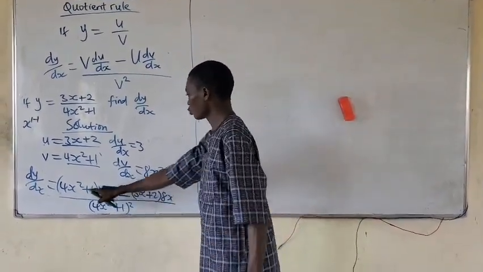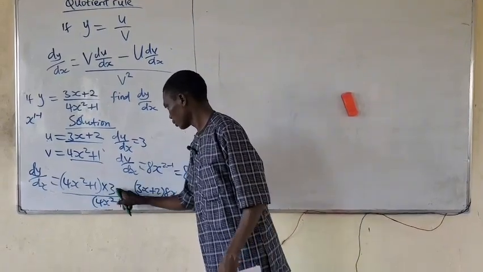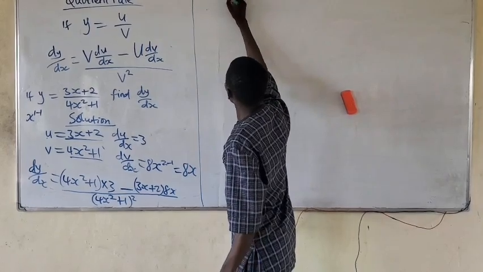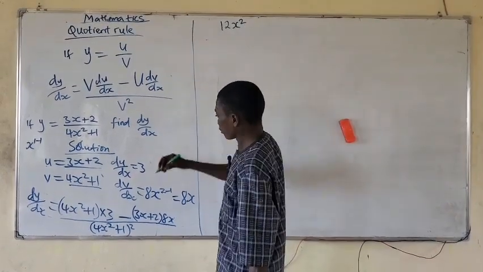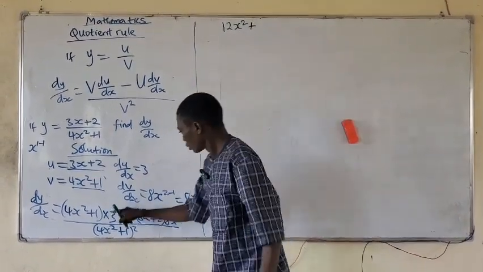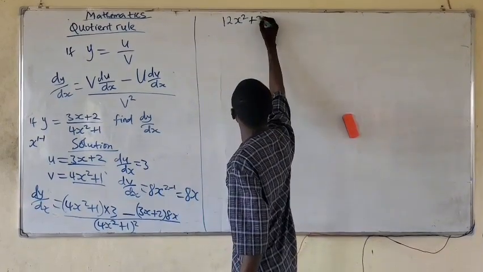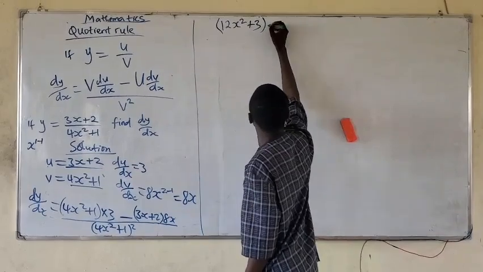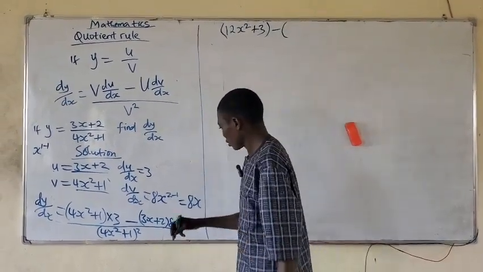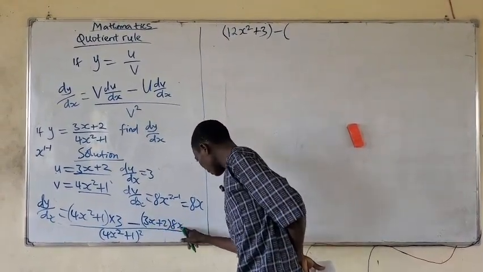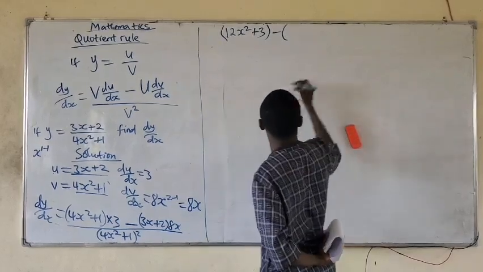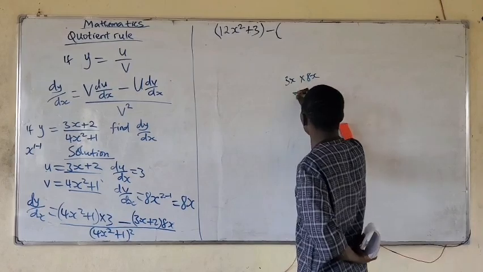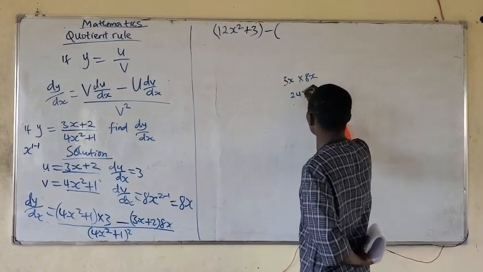Let's use the 3 to multiply this first. 3 times 4 will be 12x squared, plus 3 times 1, that will be 3, minus 3x times 8x. 3 times 8 is 24, and x times x is x squared.